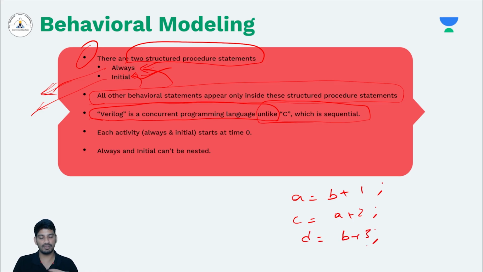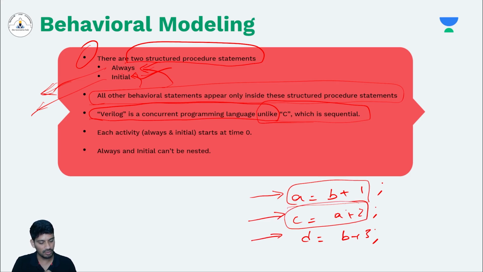In C language, what happens? It will execute line by line. This is called sequential programming. First, it will execute A is equal to B plus 1, then C is equal to A plus 2, then D is equal to B plus 3. Right? This is sequential modeling.